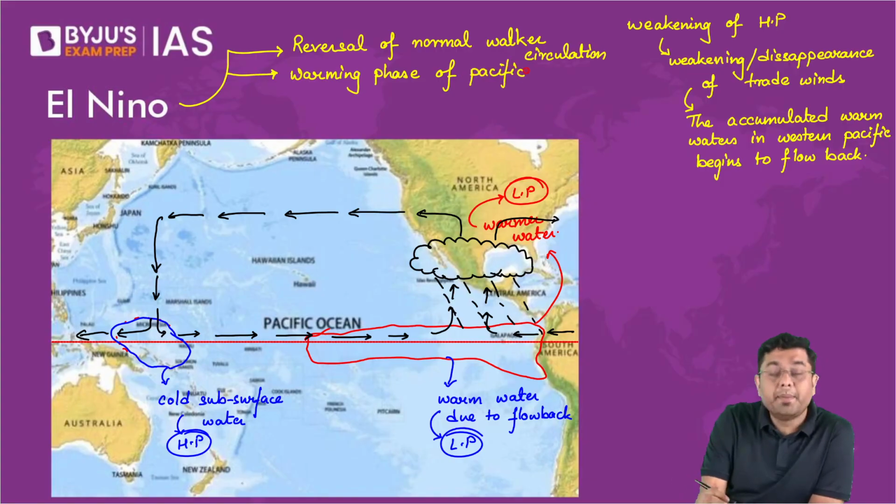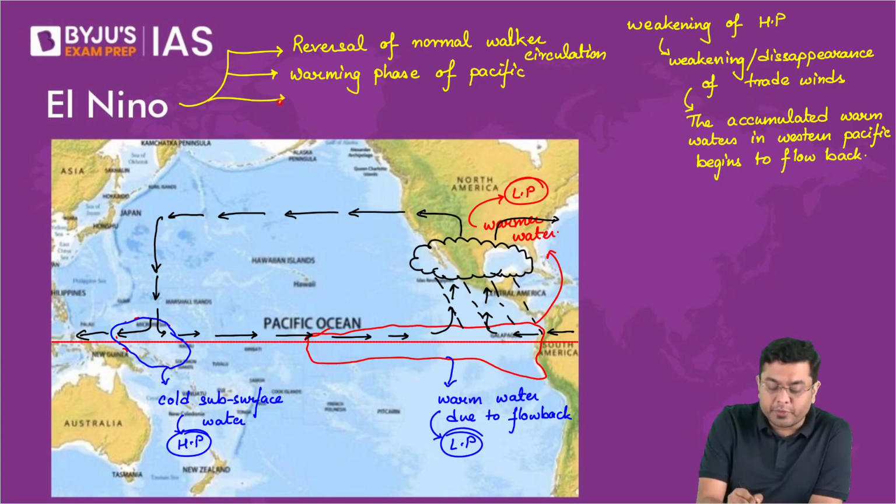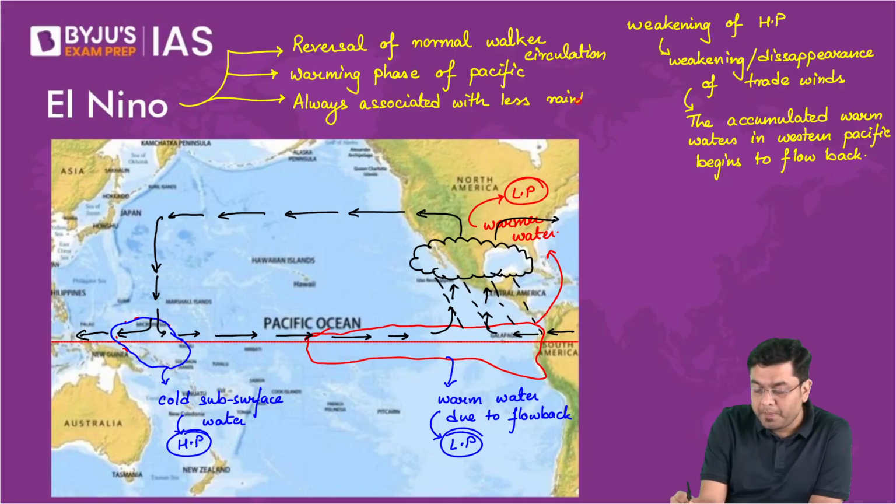Now we'll study about it tomorrow, that how it impacts the Indian monsoon or Indian weather conditions. But generally, El Nino always is associated with less rainfall in India.